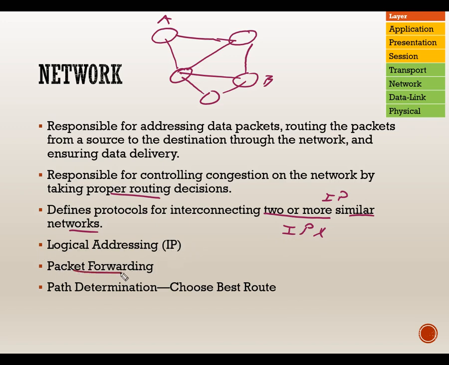And packet forwarding is when we use the route table, and we're going to look at all these things as we go in. The route table is going to tell the system where to forward the packet, what interface to send it out of in order to get to its ultimate destination. Path determination, choose the best route.